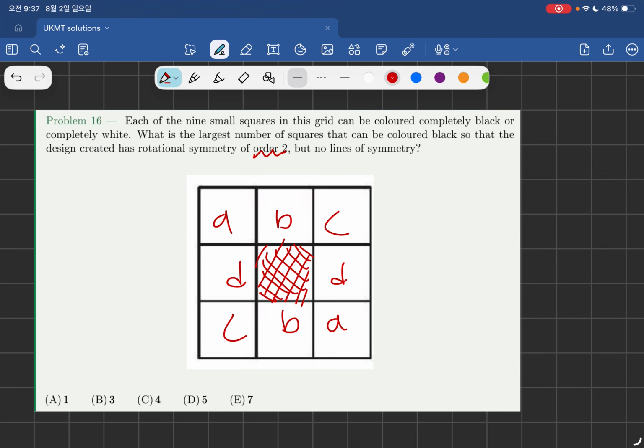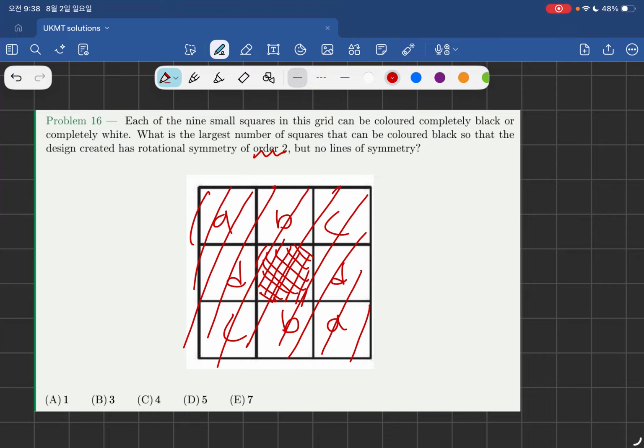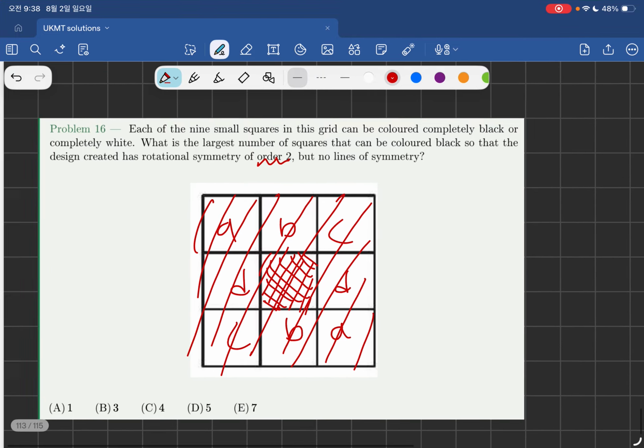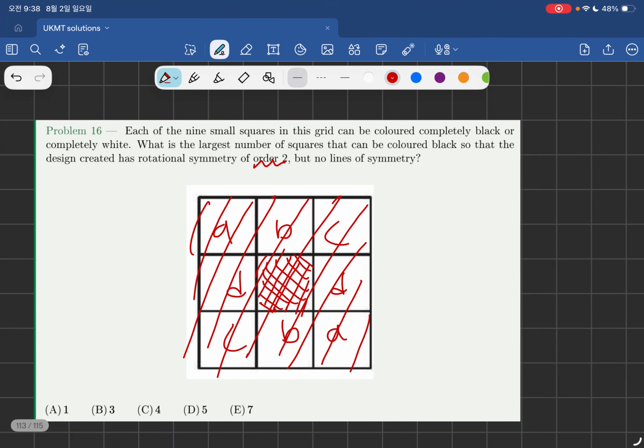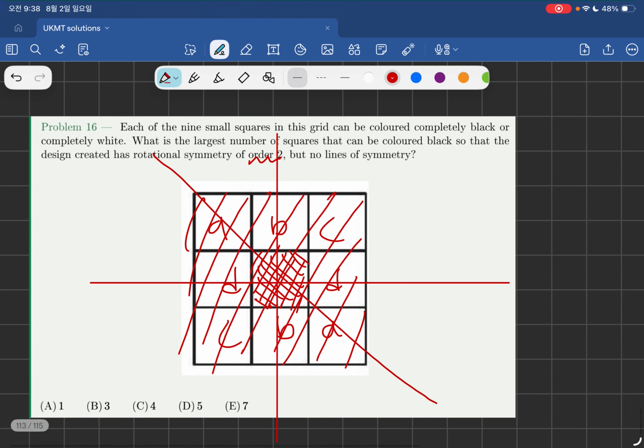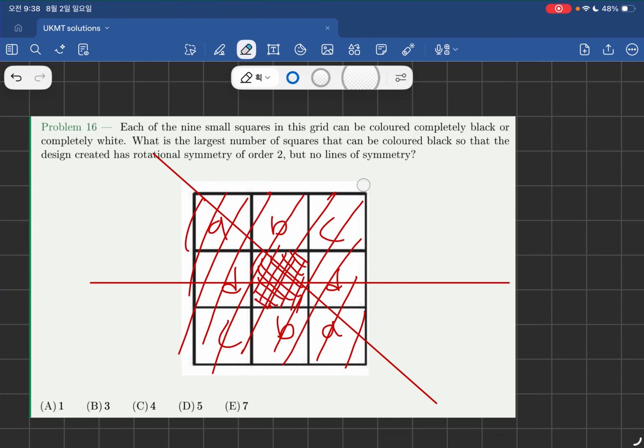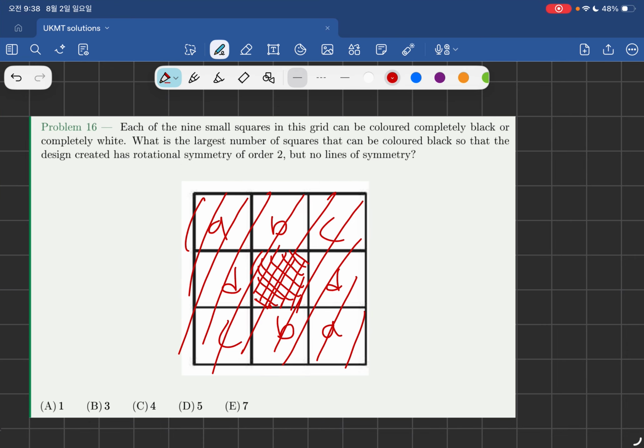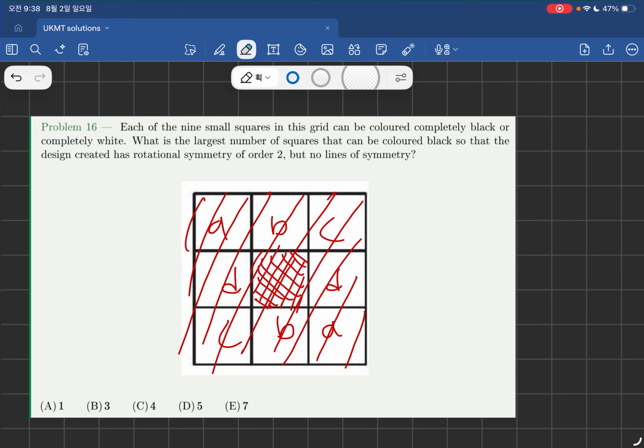And if we color all the tiles in black, then we have a lot of lines of symmetry. Like we can have this vertical line, or this horizontal line, or this diagonal line. So it has a line of symmetry, so we cannot color all the tiles.